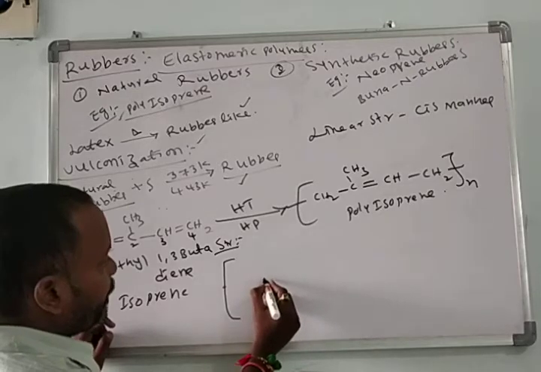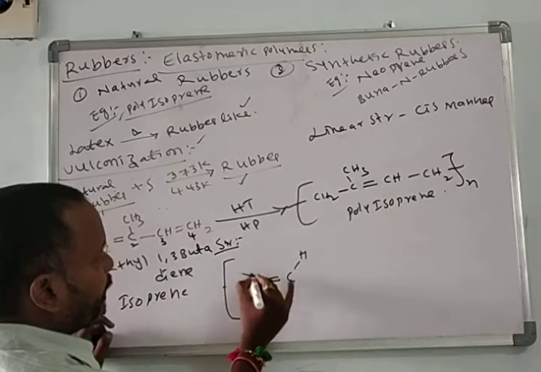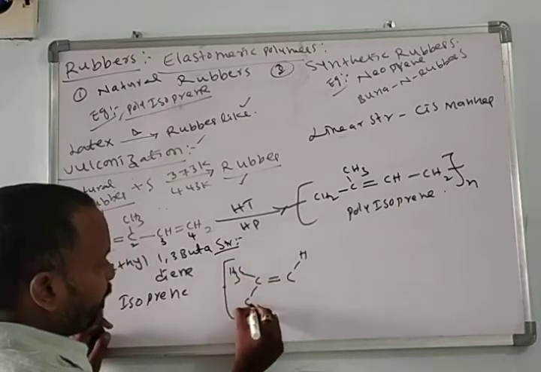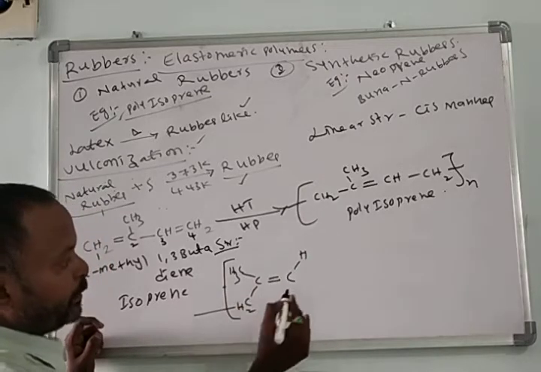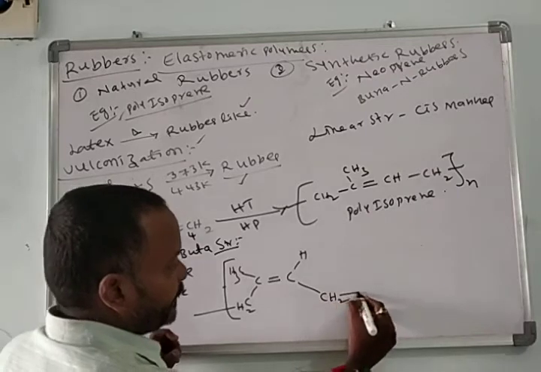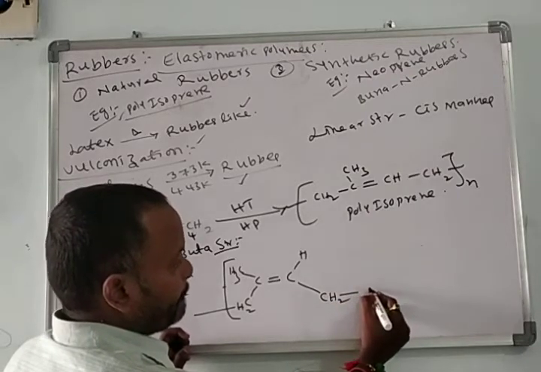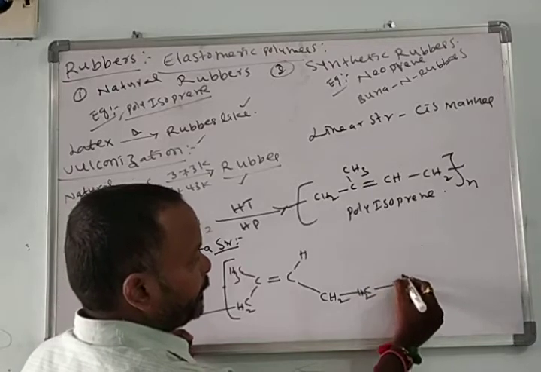C double bond CH, this CH3, here CH2, this CH2, and here this CH2, then it is attached to another CH2 like this.